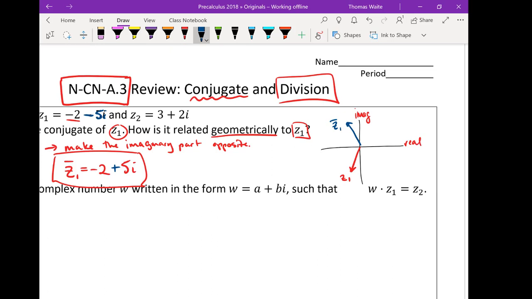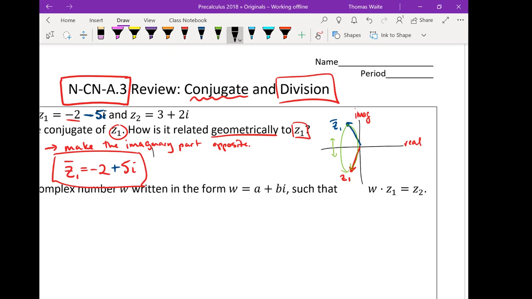So from this, if I didn't know what the effect was, I would have to guess if it's a rotation or a reflection, because it could be either. If we tested some other points, it makes sense that we're just changing the imaginary part, flip-flopping it from one side of the axis to the other.